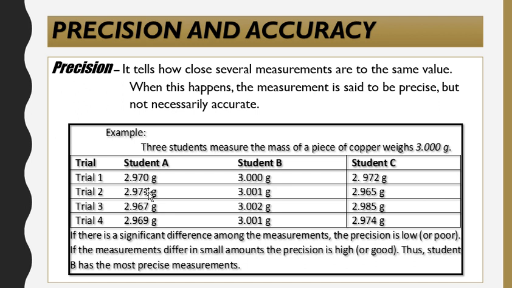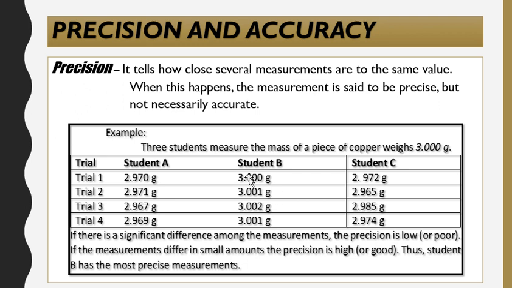The same goes for student C: there are significant differences, so the precision is low, likewise with A. But if you look at the measurements of student B, the measurements differ in small amounts.